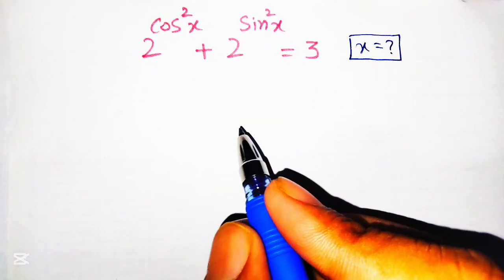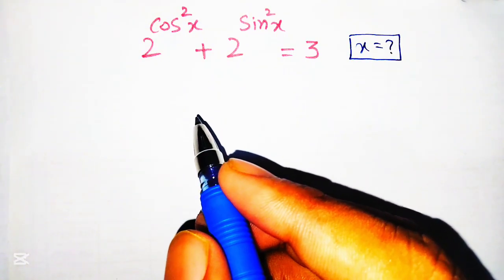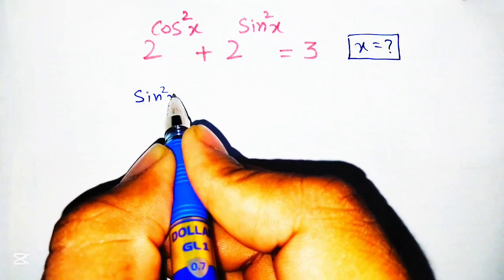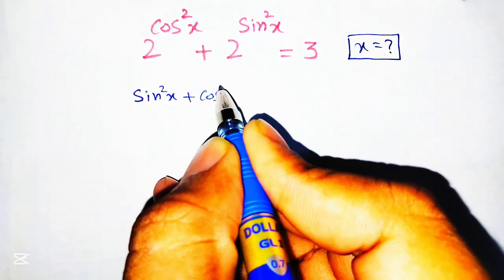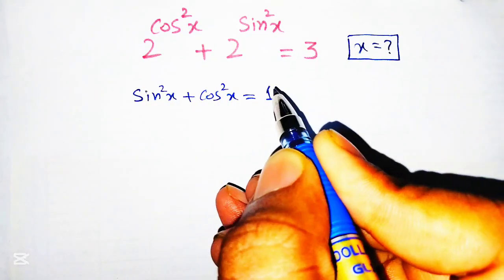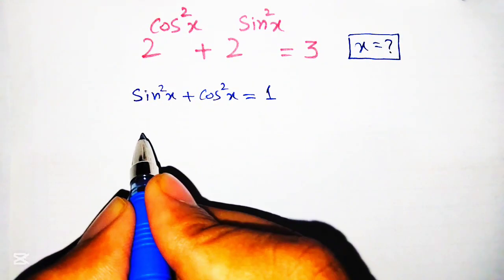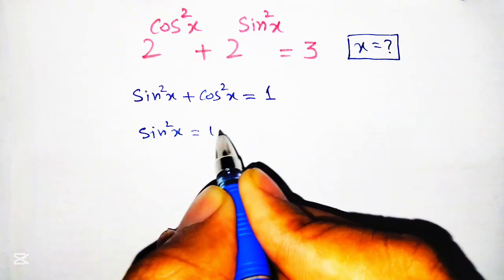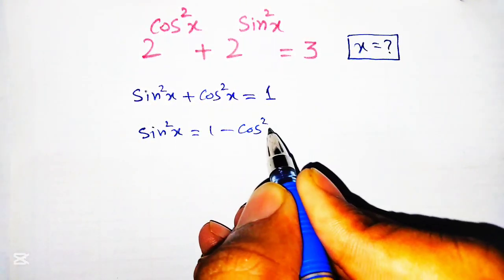So let's start. To solve this, first we will use the trigonometric identity sine square x plus cosine square x is equal to 1, and from this we can write sine square x is equal to 1 minus cosine square x.